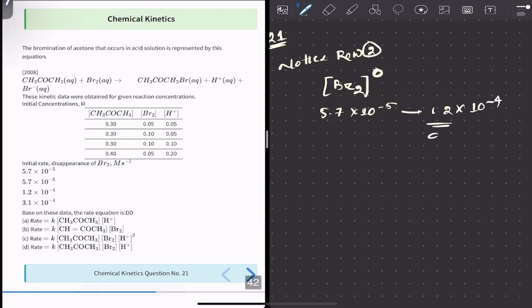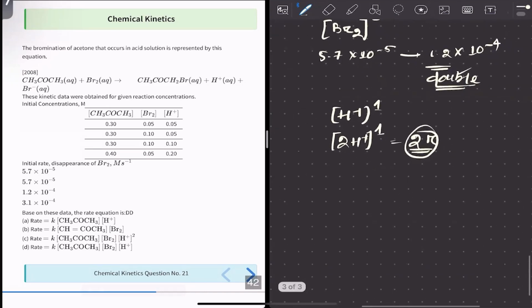That is almost double. So if you double the concentration of H plus, then the rate is also getting doubled. That means H plus has a superscript of 1. Okay, if we double the concentration of H plus and use superscript 1, then it will double the rate. So H plus has a superscript of 1. We get that.